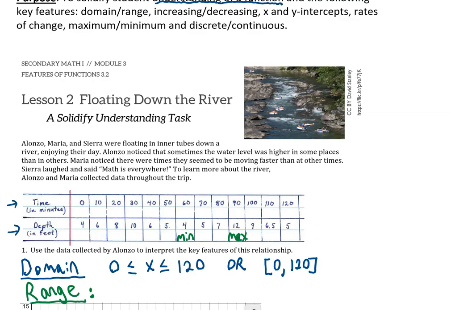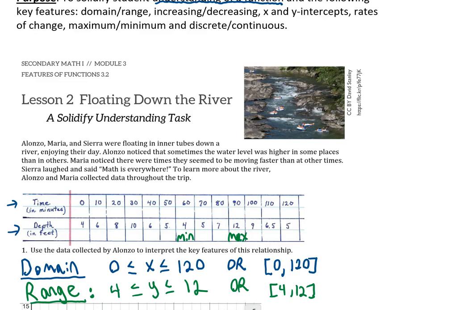So as far as we know from the data that's collected, our range is 4 is less than or equal to y, which is less than or equal to 12. We could write that in interval notation, 4 to 12. When we're talking about a domain interval, it's understood that it's based on x, and a range interval is understood that it's based on y.